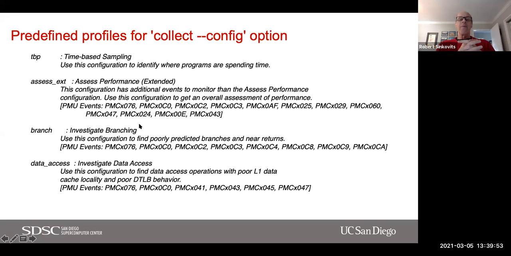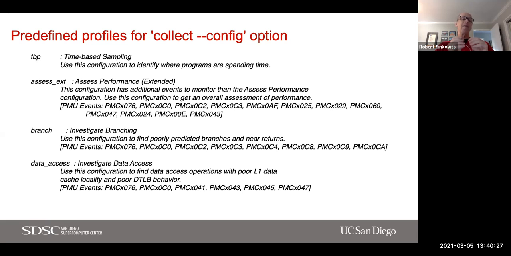So these predefined profiles, they're really a convenience, so that you don't need to get into the details of all the program counter events that are tracked. You'll see for the second predefined profile, assess_ext, that it lists a whole bunch of events with hex codes, PMCx076, 0C0, 0C2, and so on. If you go to the AMD uProf user guide, it defines all of these.